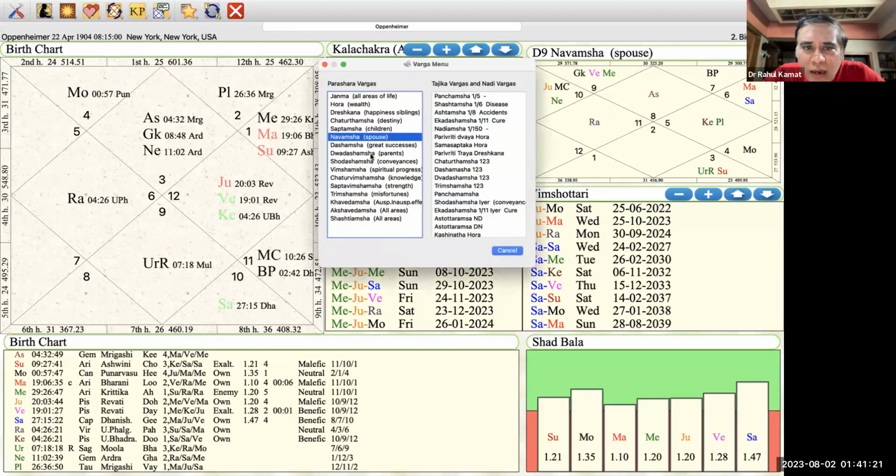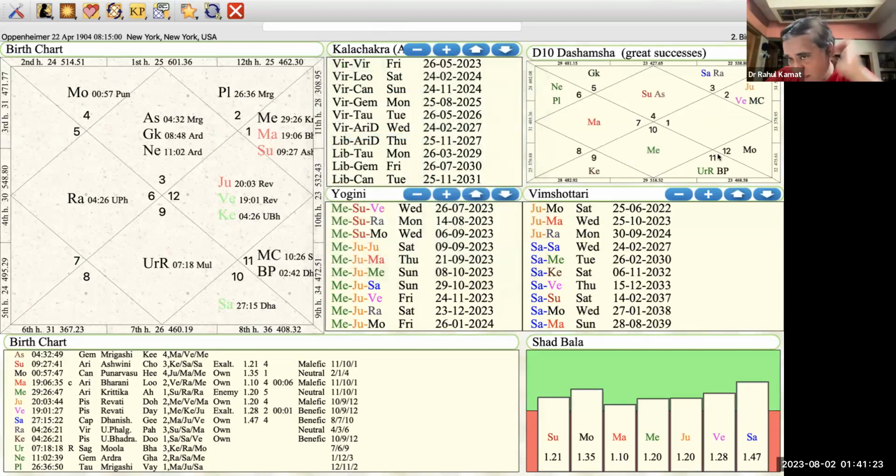Now, if you look at D10, again you find that Neptune and Pluto are both now in the 3rd house, and Uranus is in the 8th house. So you see this fascination with death. The outermost planets are actually reflected in his chart in the D10.